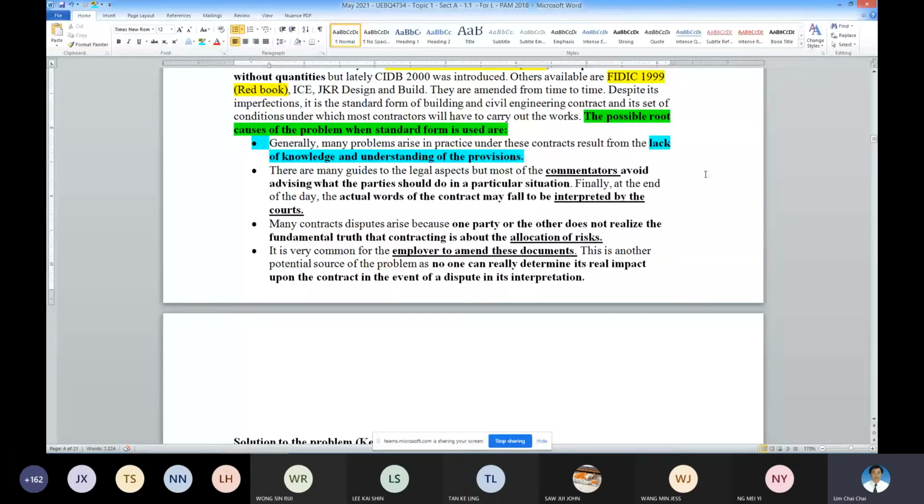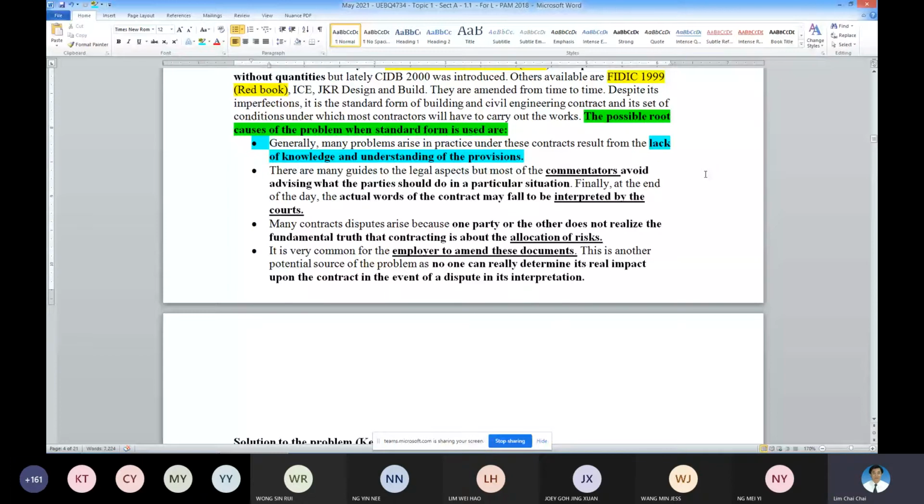Apart from paying for the work, you may look into the additional time or additional money required for the project. Why? Because it is the employer's fault, or the architect's fault, or the employer's representative, that is the architect. These are the important obligations of the employer.